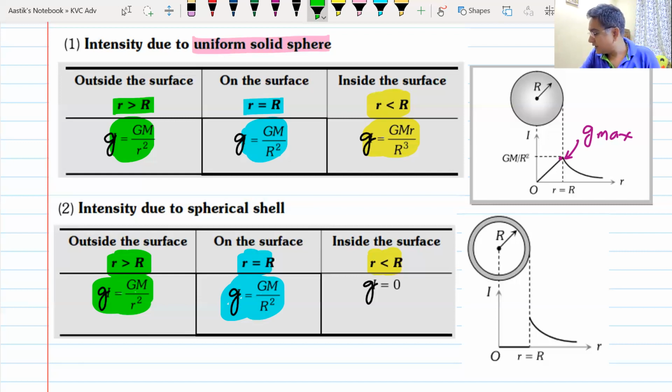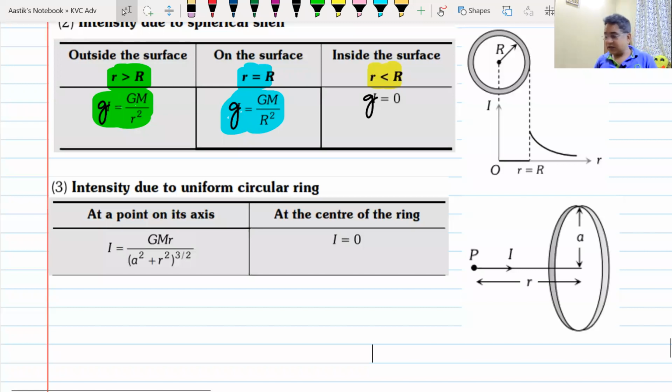Yes, sir. Then the third formula is the formula for a ring. Remember, in the previous two examples, we had not written the direction of gravitational field. The direction of gravitational field is always towards the center. Do we understand this? Yes, sir. Here also, the third case is the case of a ring.